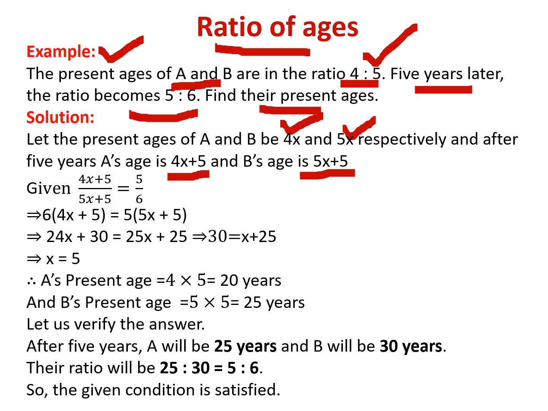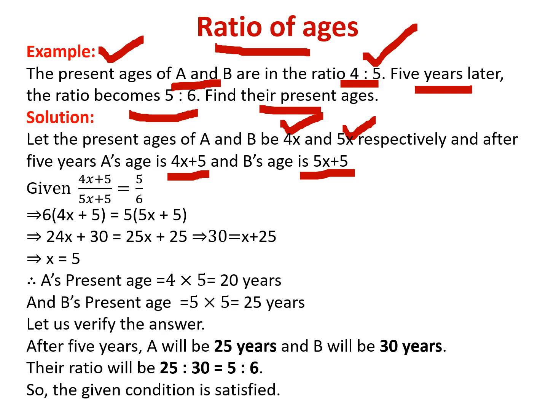Therefore, we can write (4x plus 5) by (5x plus 5) is equal to 5 by 6. Now we solve this equation by cross multiplication. So we get 6 times (4x plus 5) is equal to 5 times (5x plus 5). Expanding both sides, we get 24x plus 30 is equal to 25x plus 25.